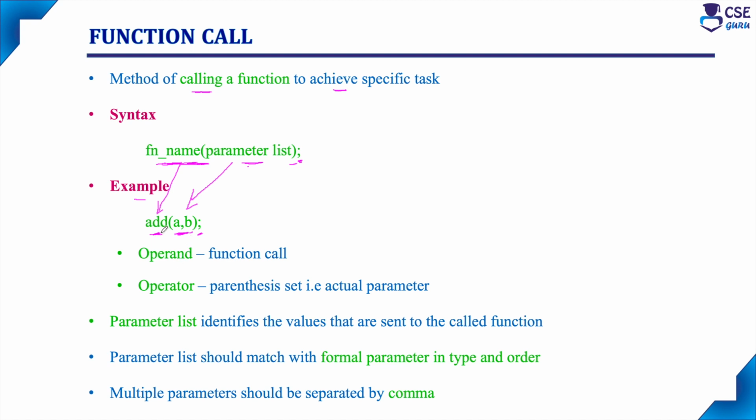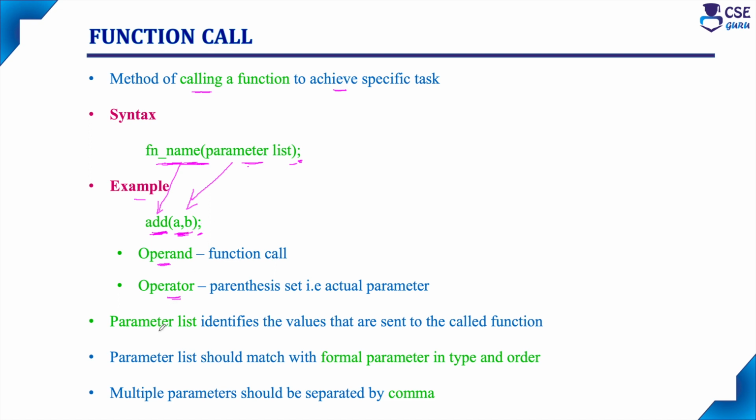In this function call, the function name is the operand, and the operator is the parenthesis set. That is the actual parameter. The actual parameters are the parameters placed in the function call, and the formal parameters are the parameters placed in the function header of the function definition.